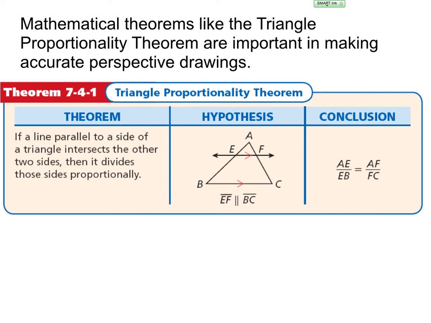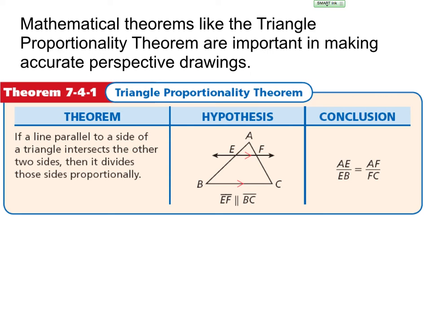Okay. So here's a theorem that ties into the idea of perspective and how long the segments should be. This is called the triangle proportionality theorem, and it's important in making accurate perspective drawings. It says if a line is parallel to a side of a triangle, it's going to intersect the other two sides. So this extra line in the triangle, parallel to that side, divides those sides proportionally.